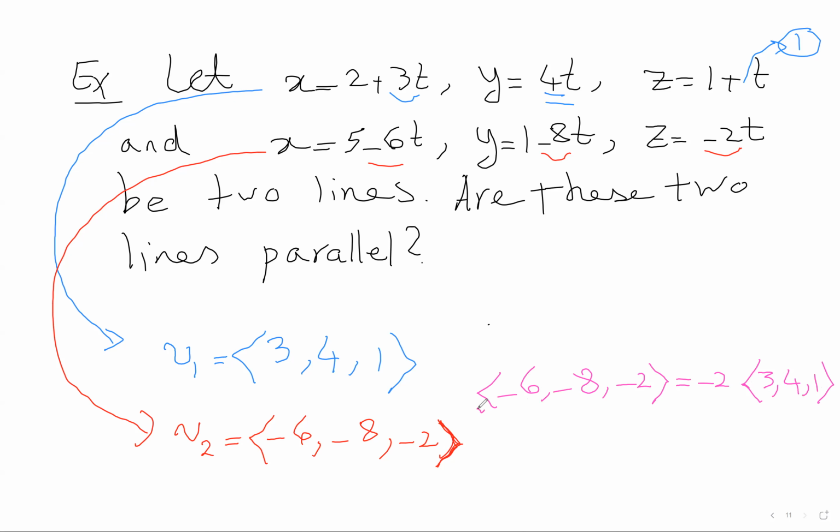Since I'm able to write one of the vectors as a scalar multiple of the other, the answer is yes. So these two lines are parallel because their direction vectors are parallel.